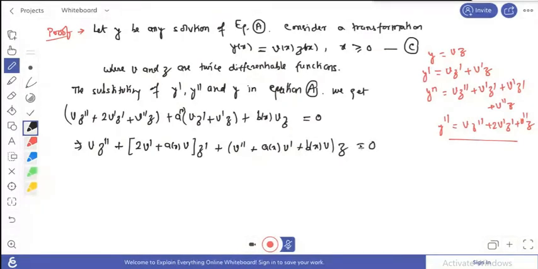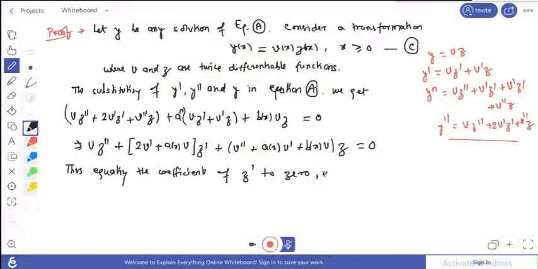Okay, if we rewrite this equation in this form, we equate the coefficient of z prime to 0, because then we can write it in normal form.